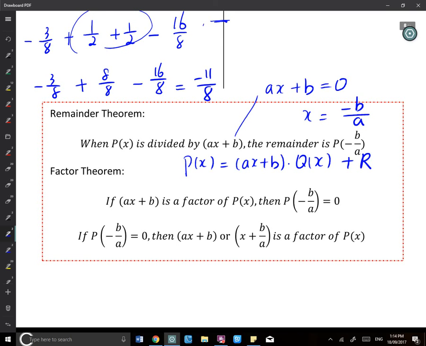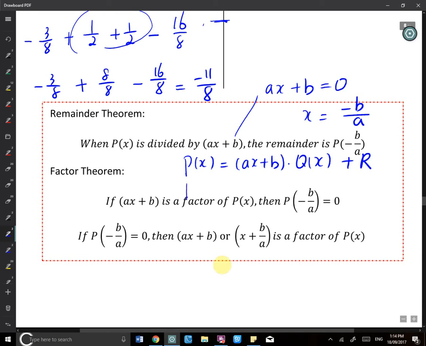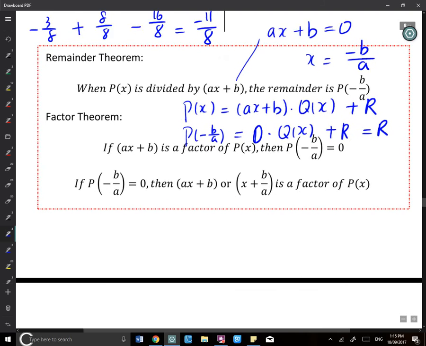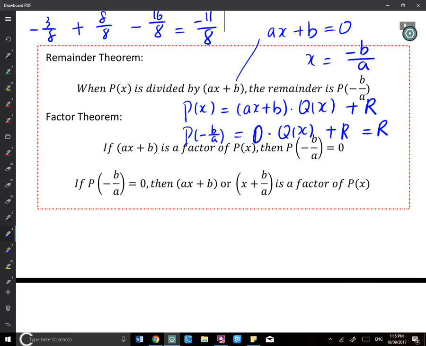What has been left is only the remainder R. So we solve x plus b equals 0, substitute into P(x), and find the remainder. So P(negative B over A) must equal 0 times Q(x) plus R, and that is R. That's why P(minus B over A) equals the remainder.